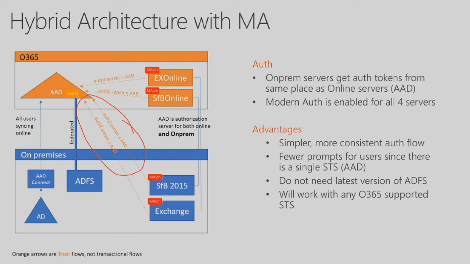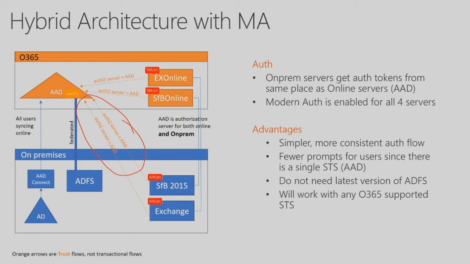Another nice thing about this design is that it does not require the latest version of ADFS. You can use ADFS on Windows 2012 and you'll be just fine. So you don't have to revamp your whole ADFS deployment. And actually, we support this with any on-prem STS that Office 365 supports.